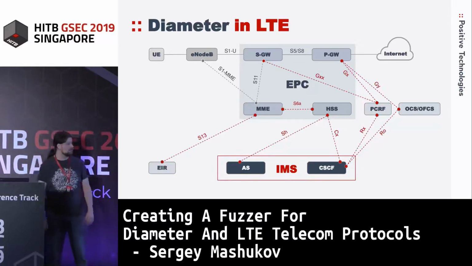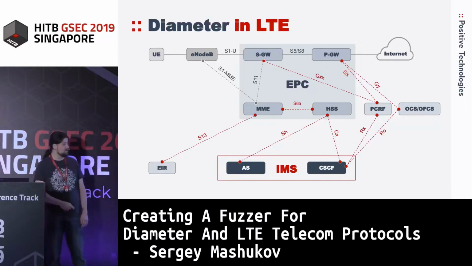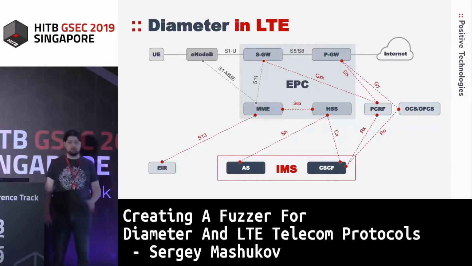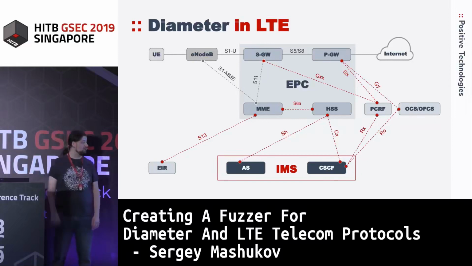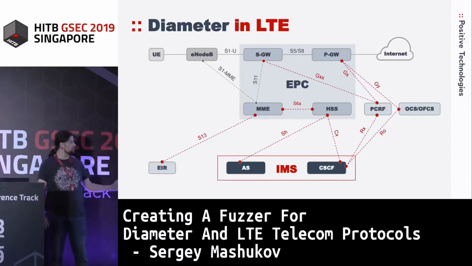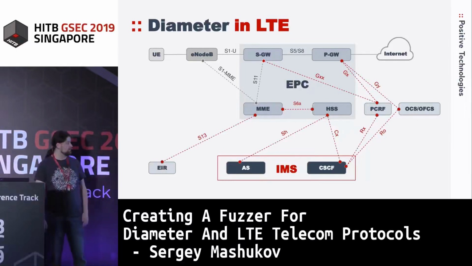And the most interesting nodes for a malefactor here are the HSS, home subscriber server, containing all the information about the subscriber, and the MME, mobility management entity, which basically governs mobility of the user. Node B base stations are connected to MMEs. Usually there are like 2 or 3 MMEs in the major cities, things like that.